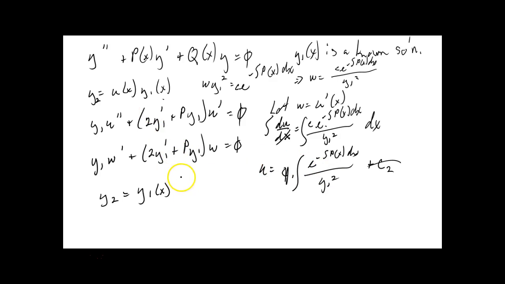Here is your u, so this is times the integral of e to the minus integral of p of x dx divided by y1 squared. Okay. And I think there was a c in, oh yeah, they chose the c to be 1.